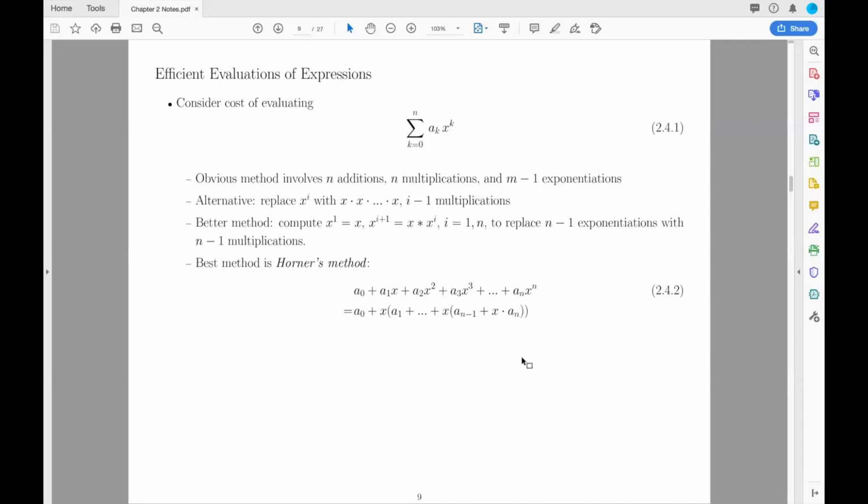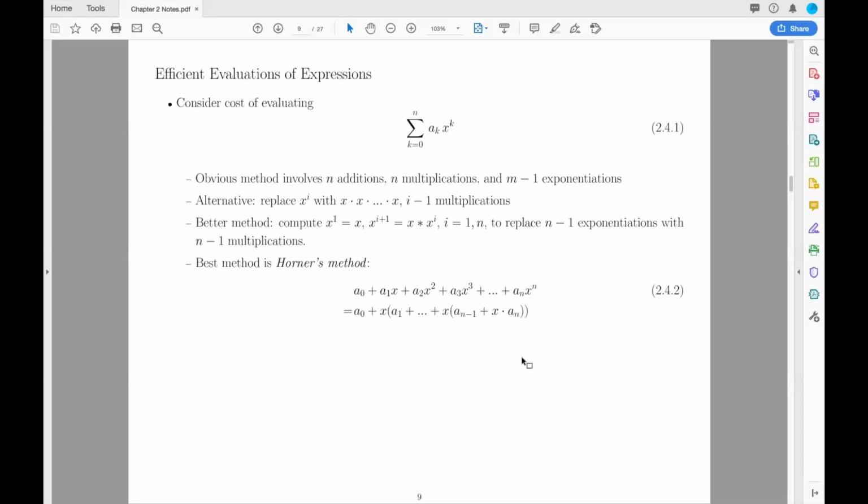It's not that I'm telling you that you should write up all your polynomials in Horner's method fashion, but this is just an example of how small changes in how you write up the equations can have dramatic differences in terms of speed. You just have to keep that in mind.